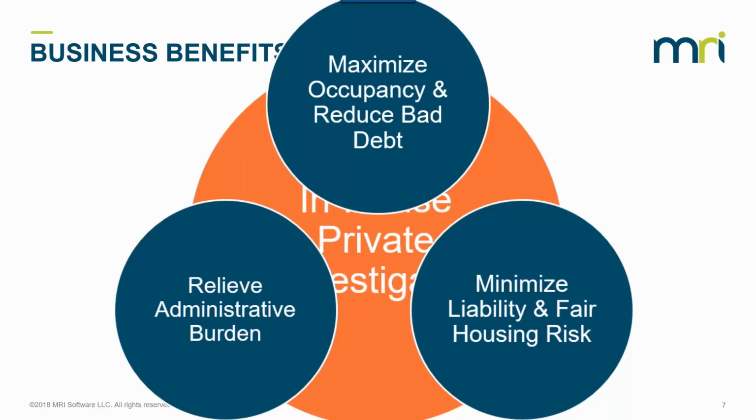And then in some cases, if credit is part of your screening criteria, and when I say some cases, it's in all cases where credit is included, the applicant's credit history is also going to help determine if they are going to pay on time and not skip and not get behind on their payments, and thus that reduces the bad debt. So as we go through the demo, I want everyone to keep all three of these in mind, and we're going to touch on those again after we see the demo.